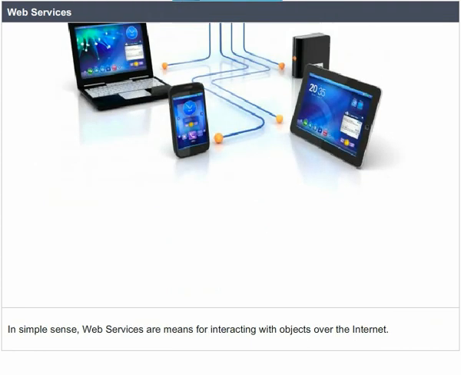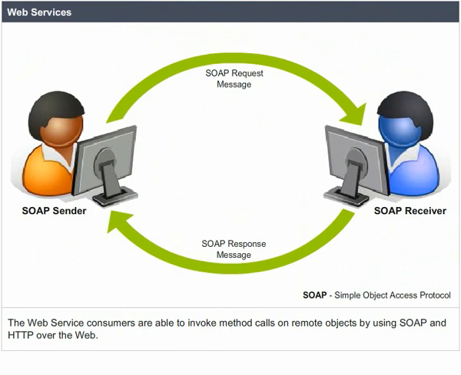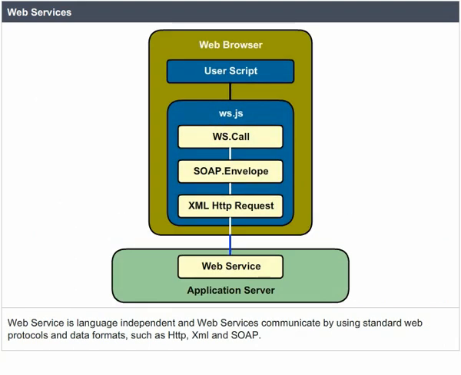In a simple sense, web services are means for interacting with objects over the Internet. The web service consumers are able to invoke method calls on remote objects by using SOAP and HTTP over the web. Web service is language independent, and web services communicate by using standard web protocols and data formats such as HTTP, XML, and SOAP.